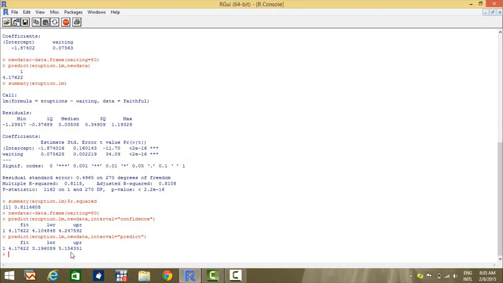We've done the test of significance for this linear regression by looking at the p-values and seeing whether they are more than 0.05 or less than 0.05. Then we fitted the confidence interval and also the prediction interval and understood the difference between both of them. So this is how a simple linear regression is fitted in R. Thank you.